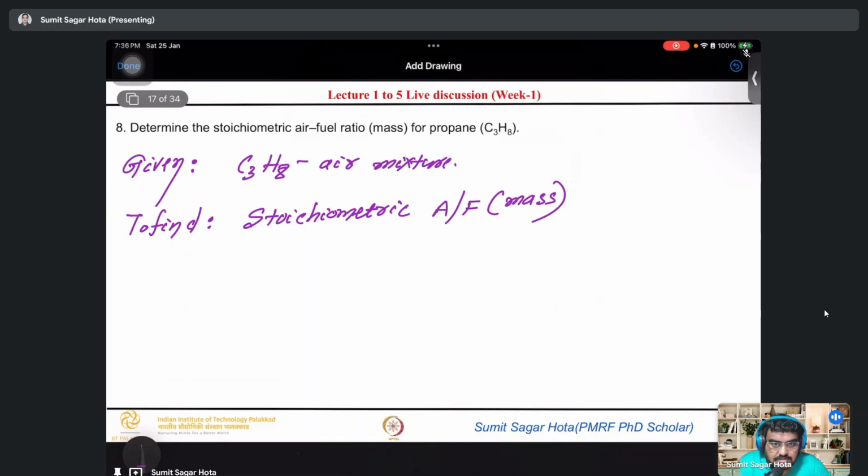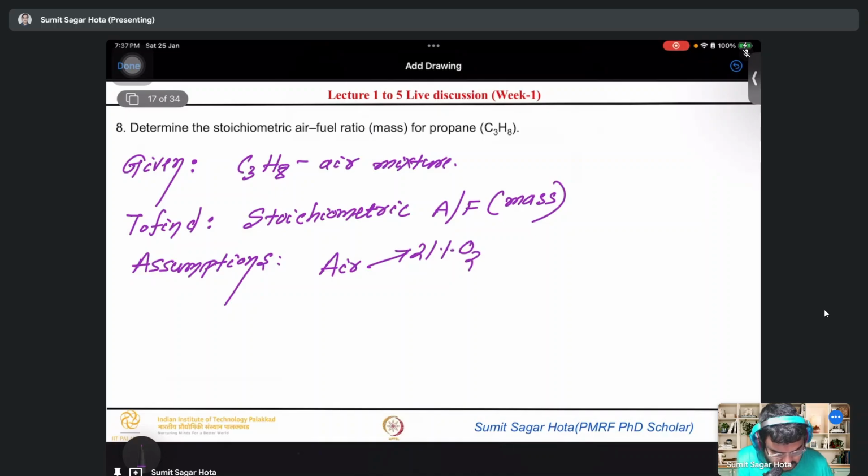Determine the stoichiometric air fuel ratio on a mass basis for propane. Okay. So the assumption: air containing 21% oxygen, 79% N2 on a volume basis. Okay.